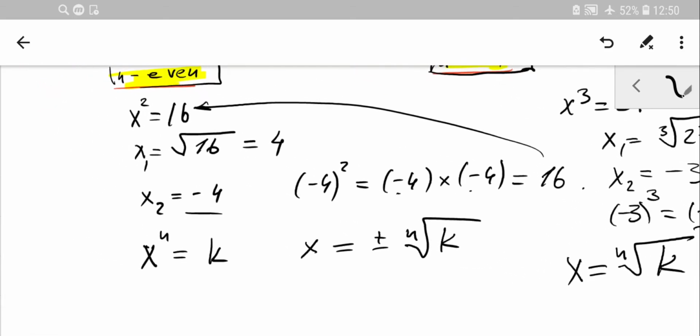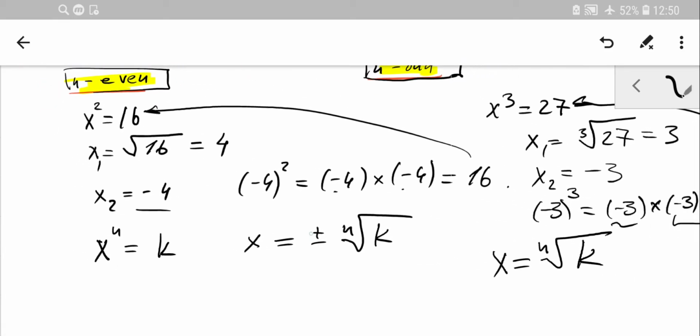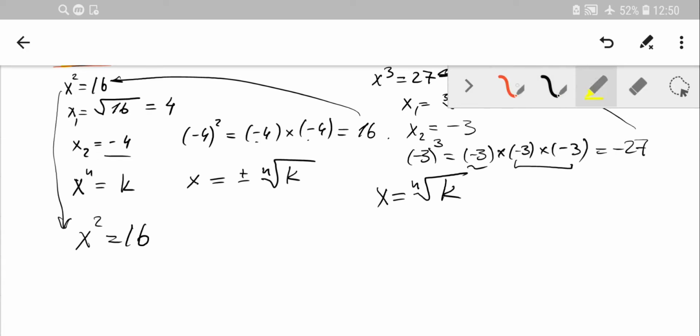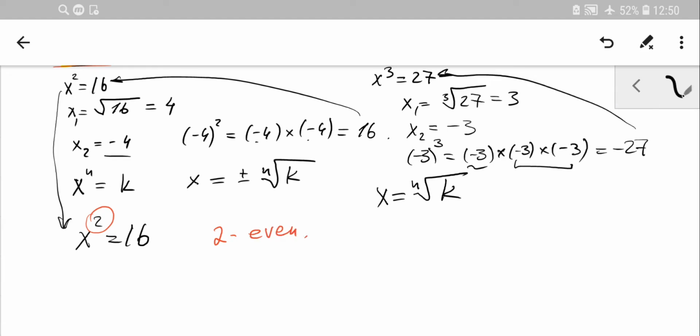Okay, I can also prove in a bit more scientific way why you actually take plus and minus. For example, consider x squared equals 16. In this case, your n, which is 2, is even. So what can we do?